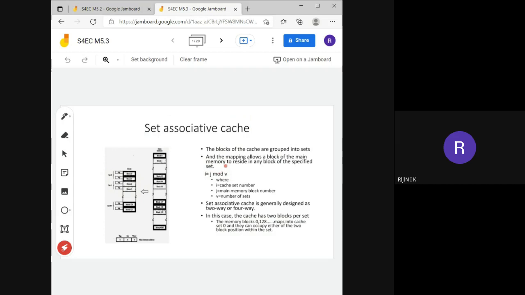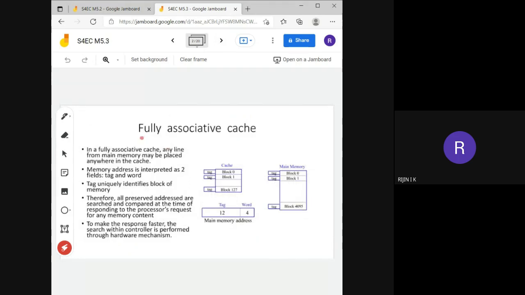Here in this example, this is the memory address: the first 4 bits are used to identify the word, the next 6 bits are for the set, and the last 6 bits are for the tag. Okay, so that is set associative cache.